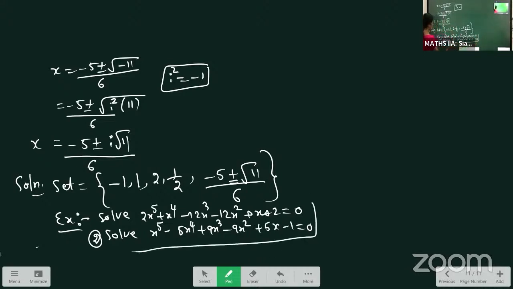If you see this, this is also an odd degree reciprocal equation. Signs are different, so it is an odd degree reciprocal equation of class 2. For an odd degree reciprocal equation of class 2, what is the root? 1 is the root. By taking 1, do the synthetic division, and the rest of the procedure is the same.